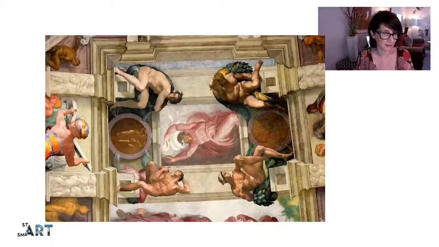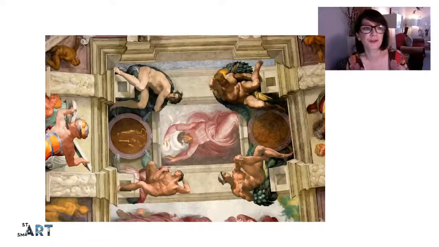Let's see. We have the prophets with the Sibyls, the pendentives. It just goes on and on. Okay. Let me just see. Stylistic. Okay. Michelangelo was the artistic heir to the great 15th century sculptors and painters of Florence. So true.